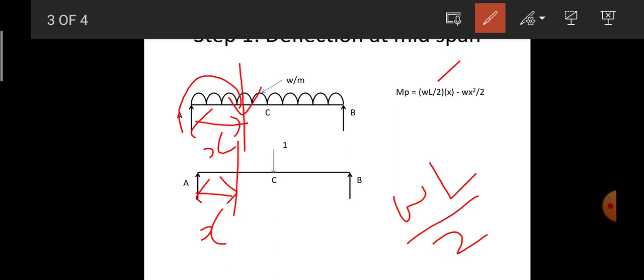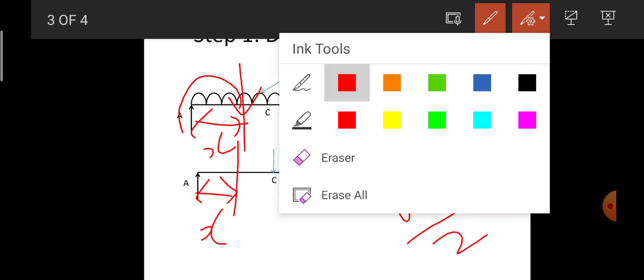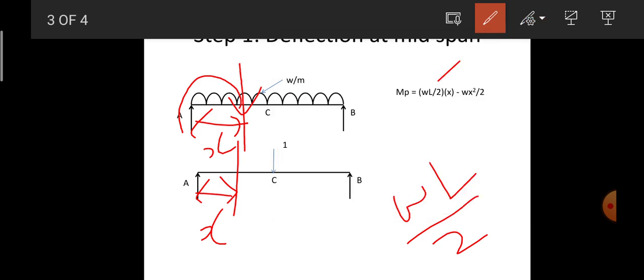With this sign convention, this is a clockwise moment, so it is taken as positive. Apart from that, I also have the UDL to be considered over the distance of X. So it is W into X by 2 in the anti-clockwise direction, therefore W into X square divided by 2.